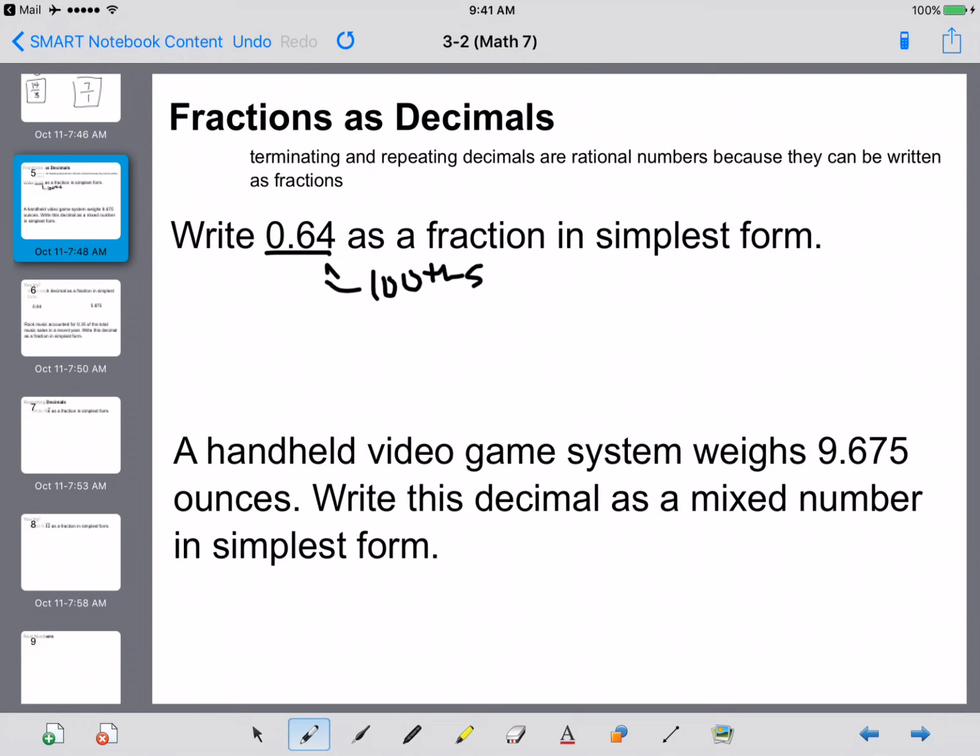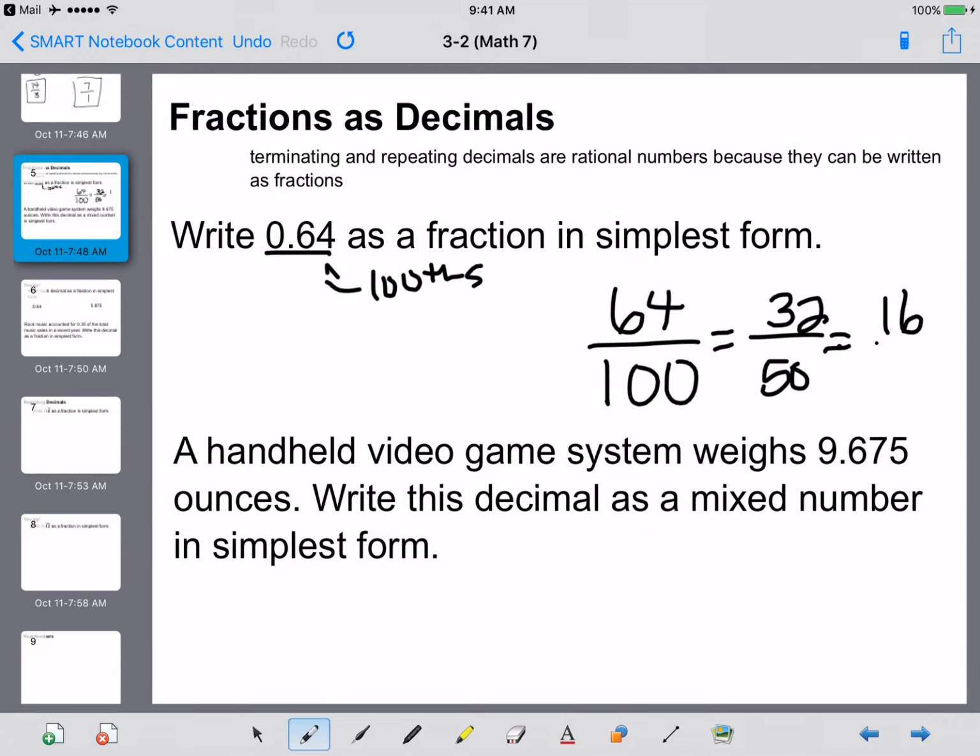So how to write that as a fraction is you literally take the number that you have and then you put it over whichever place it is. So it's in the hundredths place, so it's over 100. Then to simplify, 2 goes into both of those, so 32 over 50. 2 still goes into those, 16 over 25.